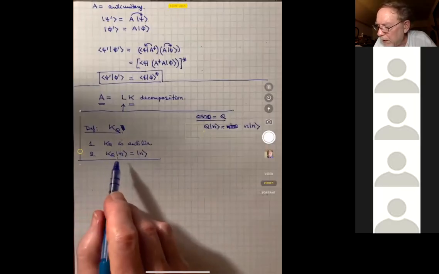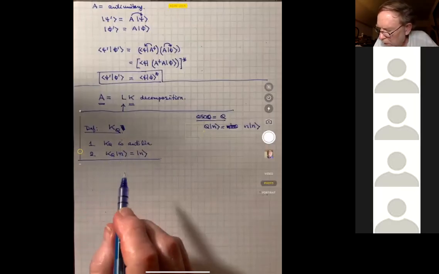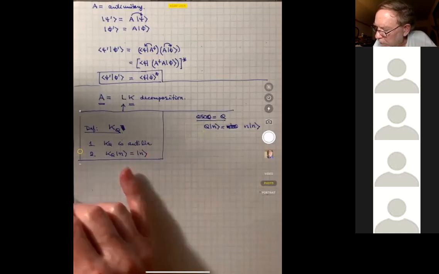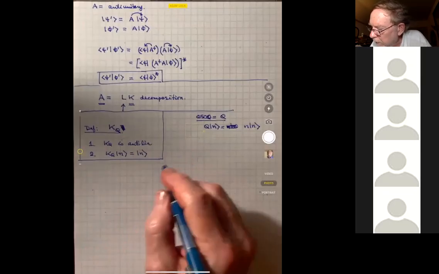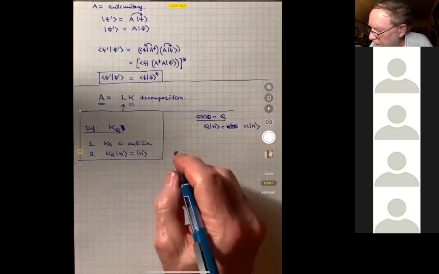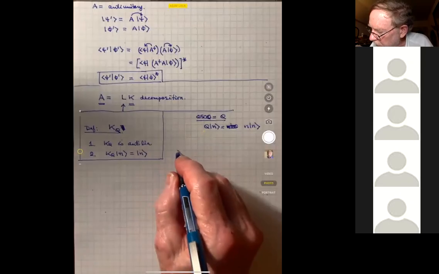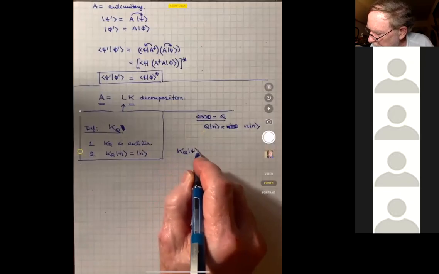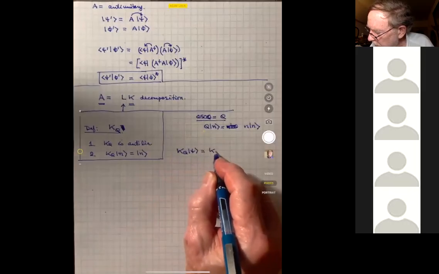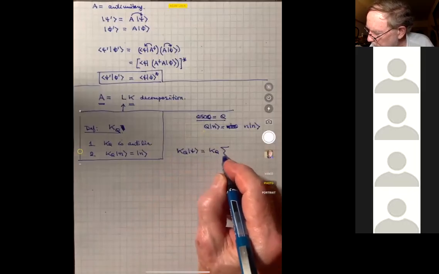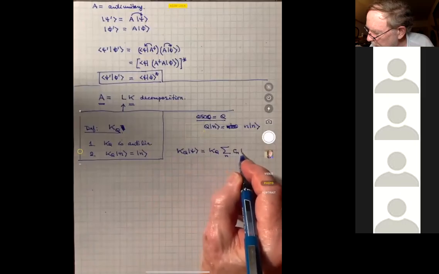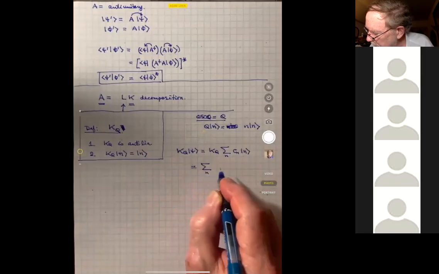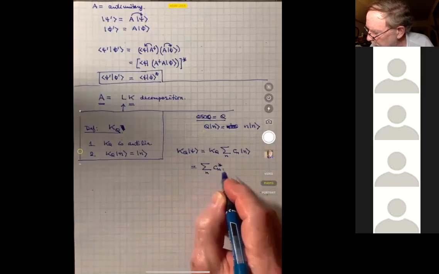So this defines K_Q. Now let me show you its principal property, and then I'll explain in more detail in the next lecture because I'm running out of time. If I apply K_Q to an arbitrary state psi, and let's say I expand psi in the given basis as a sum over n of some coefficients c_n times |n>, then because K_Q is antilinear, the coefficients get complex conjugated.